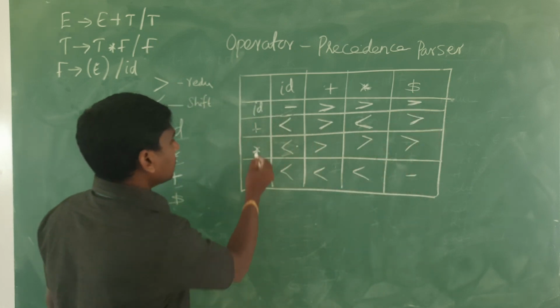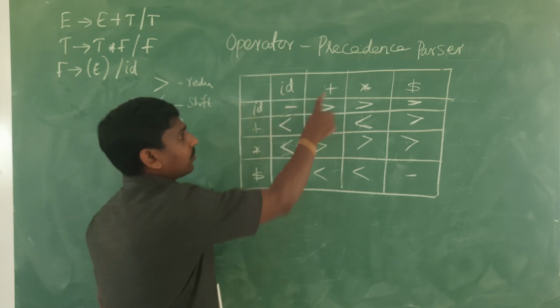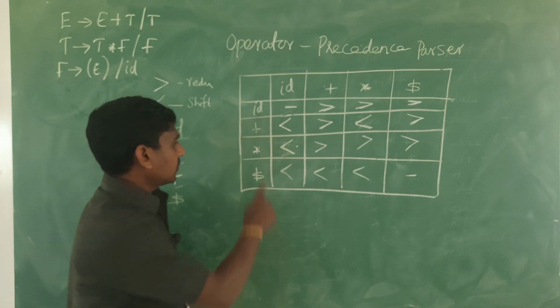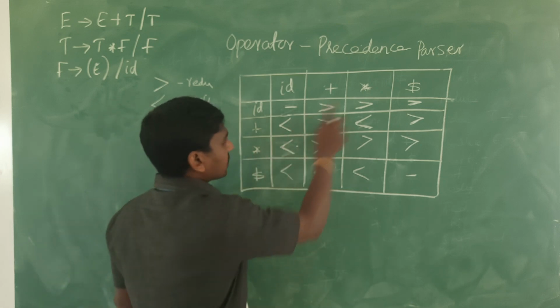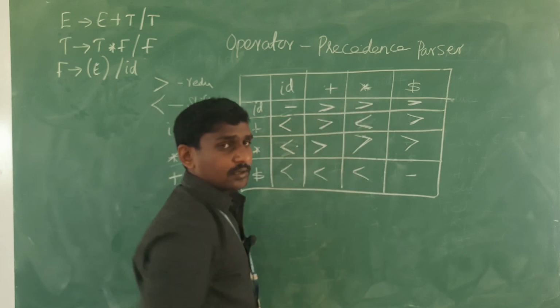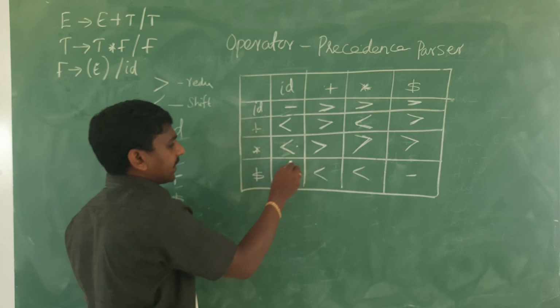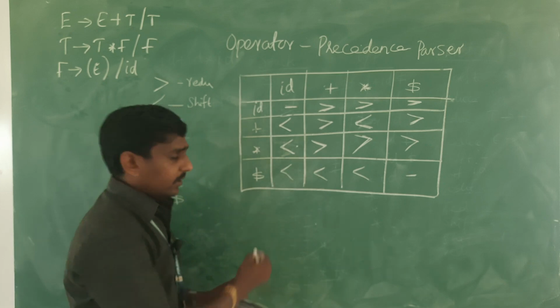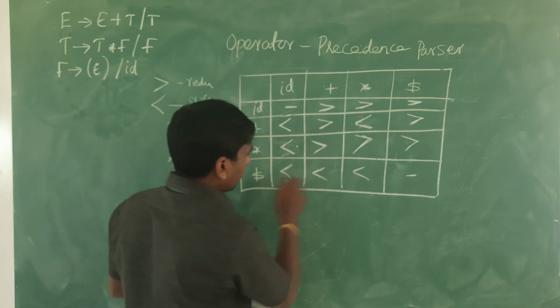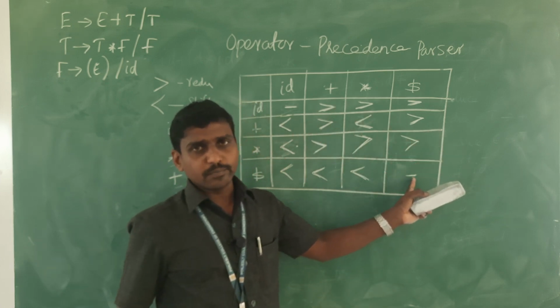Star and ID: ID, so less than. Star and plus: star has the higher precedence, so greater than. Star and star: greater than. Star and dollar: star is higher, greater than. And dollar has the lowest precedence, and for dollar and dollar you leave a dot, blank.